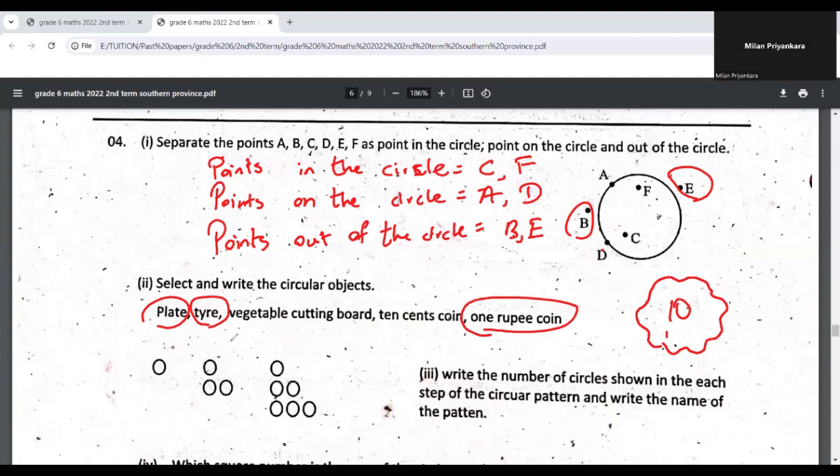You can select these objects and write plate, tire, and 1 rupee coin, just like that, right? So you can give the answers like this, because you have been asked to write the circular objects, right? Okay.